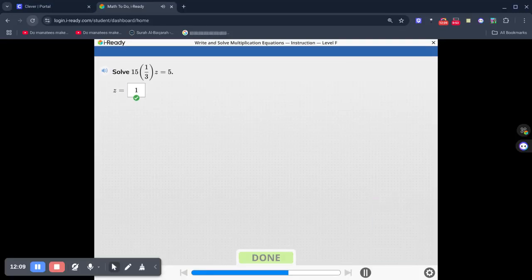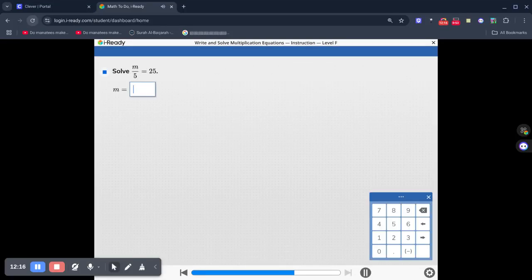Solve 15. Solve m divided by 5 equals 25.